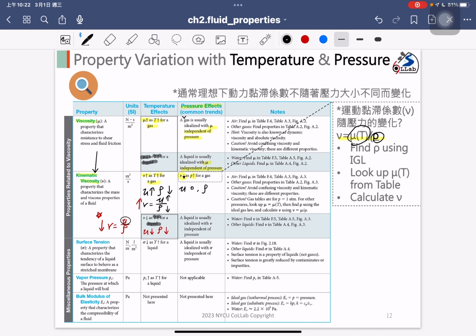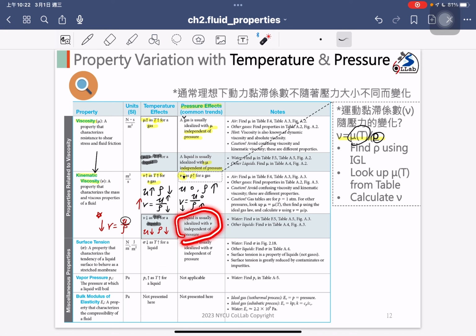As you remember, our previous exercise tells us if we do the compression, the density of the air will increase also. So based on nu being the ratio of mu to the density, because the density will increase but mu didn't change, that will result in the kinematic viscosity decreasing.